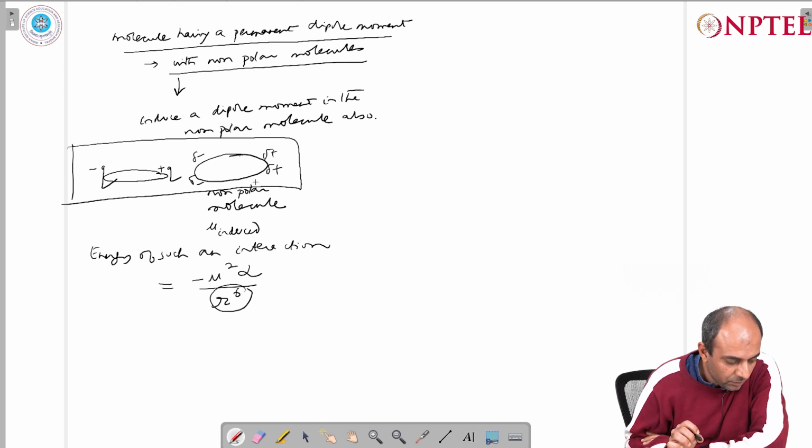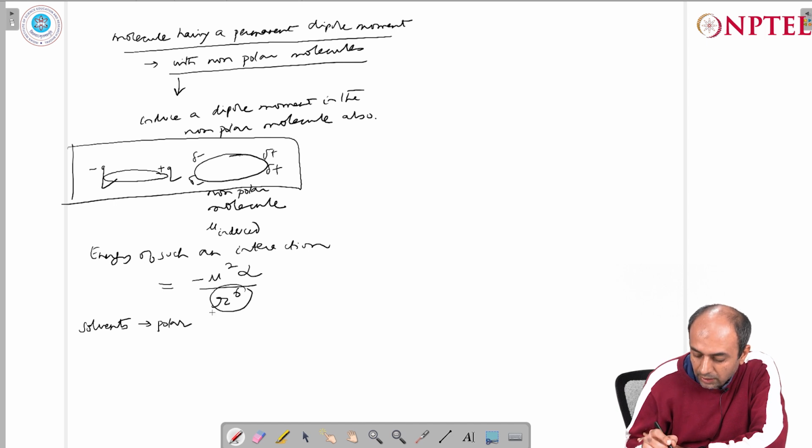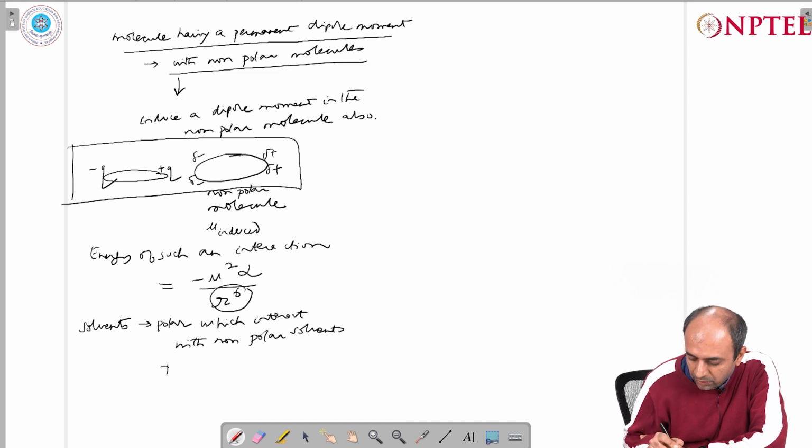So in this case we can have examples of solvents which are polar and which interact with nonpolar solvents. For example, we can have TCM, a polar solvent, and we can mix it with hexane, which is a nonpolar molecule.